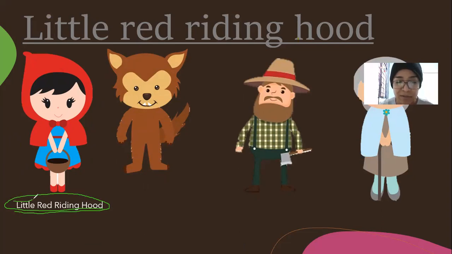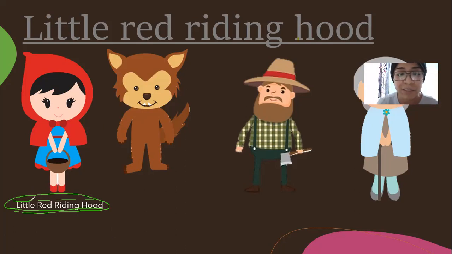Little Red Riding Hood. Ok, ahora de dos en dos palabras. Little Red Riding Hood. Ok, ahora vamos a intentar todo junto. Little Red Riding Hood. Ok, don't worry, no te preocupes si te salió un poquito diferente.